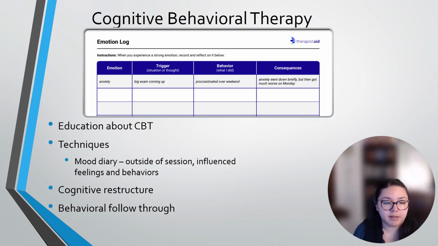Then we're going to be looking at cognitive restructuring. So for example, with this example pulled up on the screen: anxiety, big exam coming up, procrastination over the weekend. Anxiety went down briefly, but then got much worse on Monday. So a cognitive restructure might be, I'm scared for this exam and I'm capable of studying for 10 minutes.